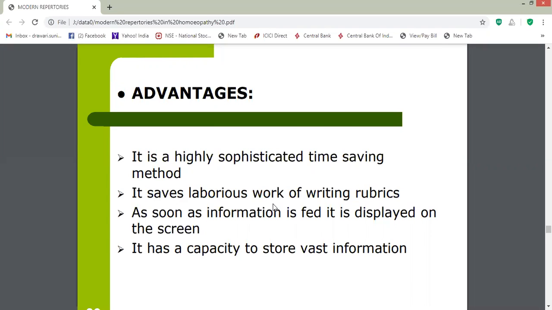Out of these, we will learn the important softwares one by one. So in this way, these computer repertories are divided into two categories, Indian and foreign.